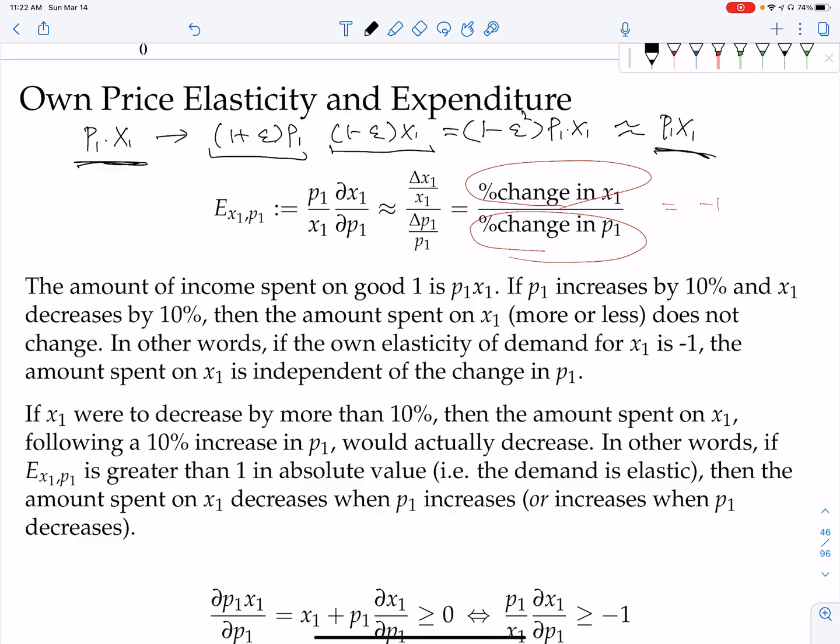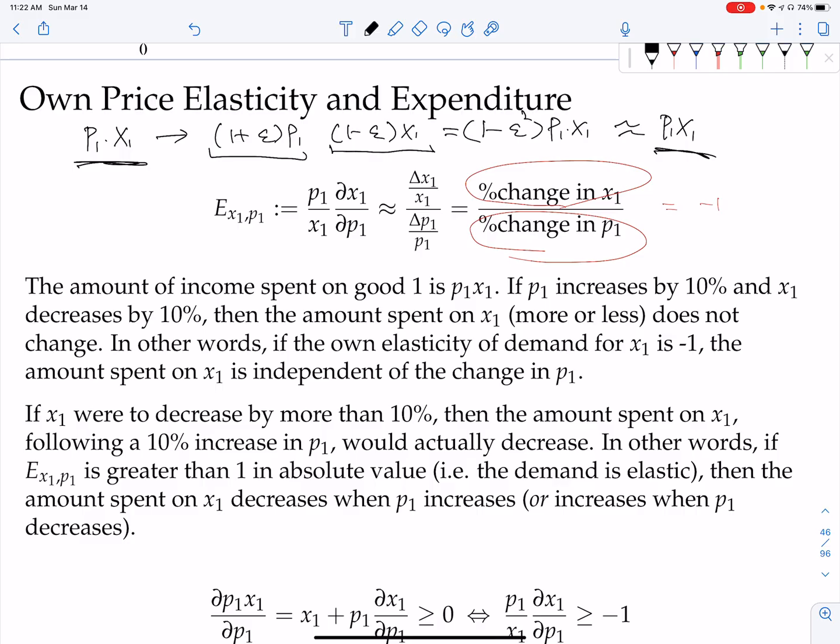We're still using calculus, so when you think of the percent change, you're thinking of it infinitesimally. An infinitesimal number squared is a really tiny number. In fact, the definition of an infinitesimal is that it raised to the power of 1 plus any number is 0.